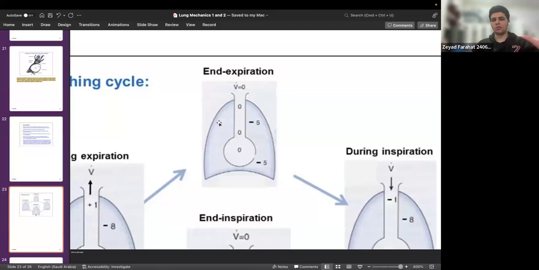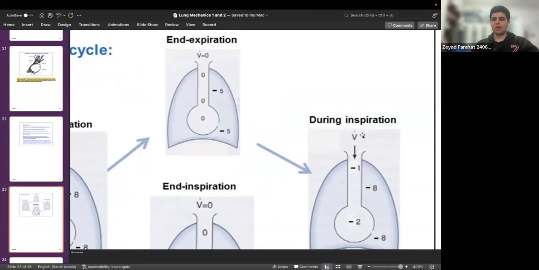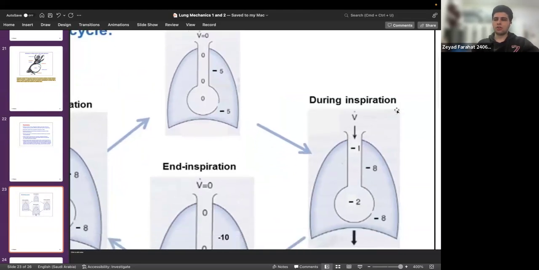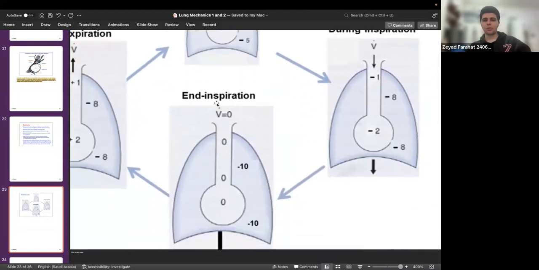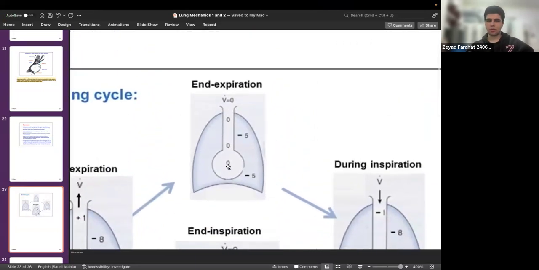So what we do is we increase the volume, and when we increase the volume, the pressure decreases. This is during inspiration. When the pressure decreases, there is a pressure gradient from the outside, 0, to the pressure inside. So you're filling up the alveoli with air from the atmosphere. So again, we said here this is 0, this is the normal.